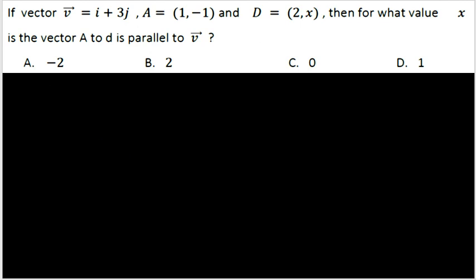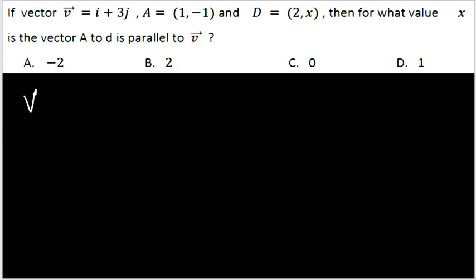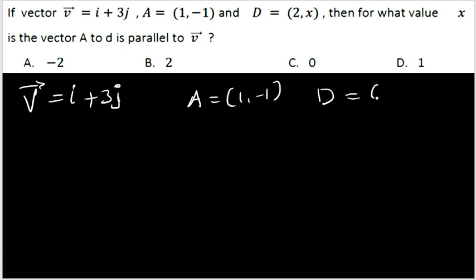Next question, if vector v is given as i plus 3j, and A, which is (1, -1), and D (2, x) are also given, then what is the value of x so that AD is parallel to v, vector AD is parallel to v.